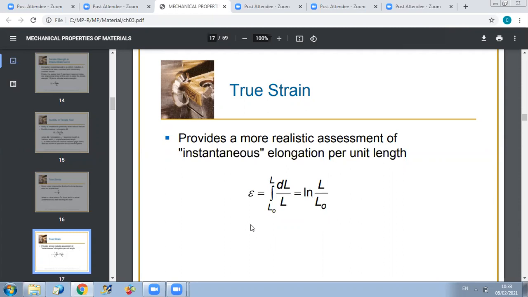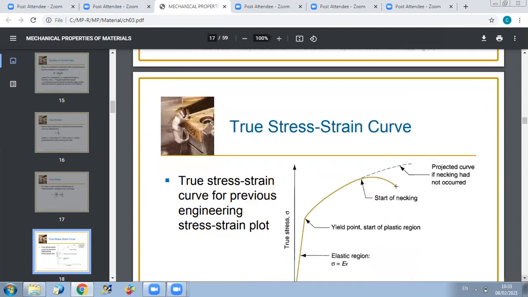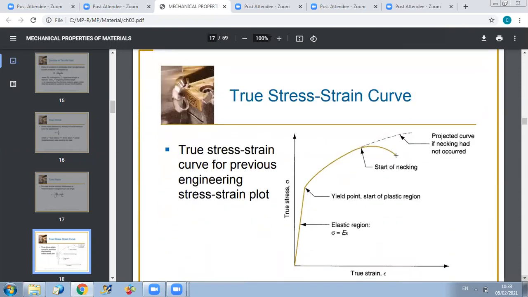Okay? Now we will see together what properties we can get from the true stress-strain curve. As we have seen, the true stress-strain curve is different from the engineering curve. First, if you want to compare the true stress to the engineering stress, let us go back to the definition.